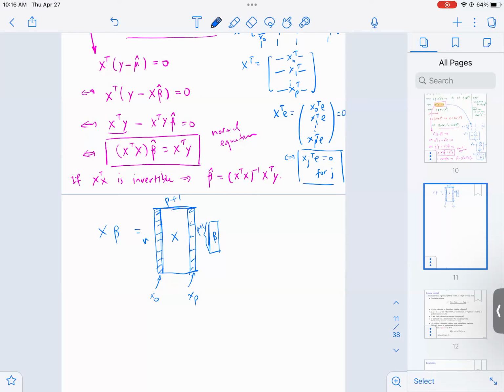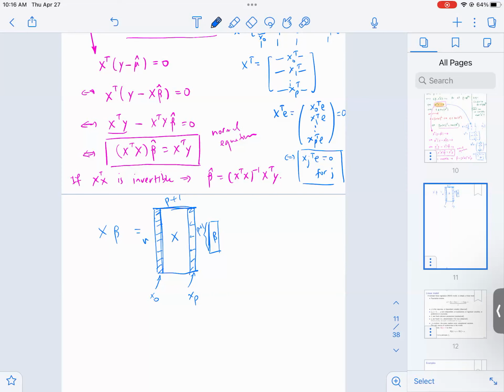Good. Like in simple regression, look at R squared. So we can try to find measures that tell us how well we're fitting the data.